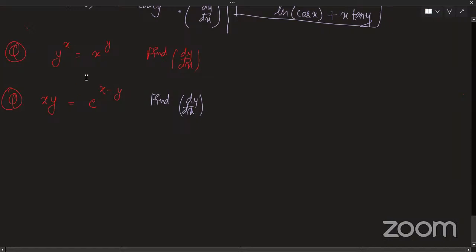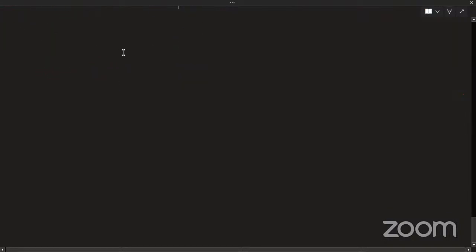So I want you to do this second question without using logarithm. Will you be able to do it? Yes, sir. Because you have got e raised to x minus y, so you can just directly apply chain rule. Great. So now we are moving ahead with parametric substitution.